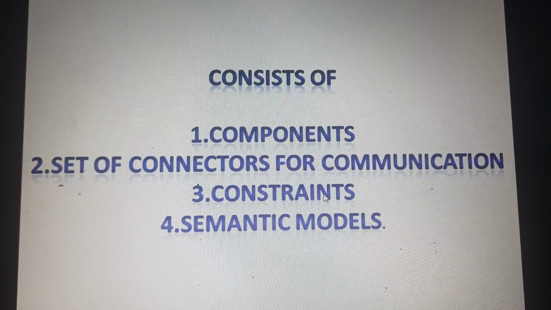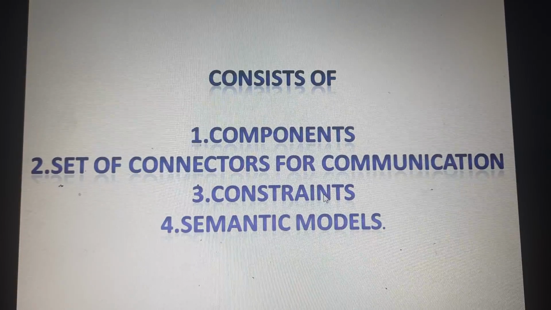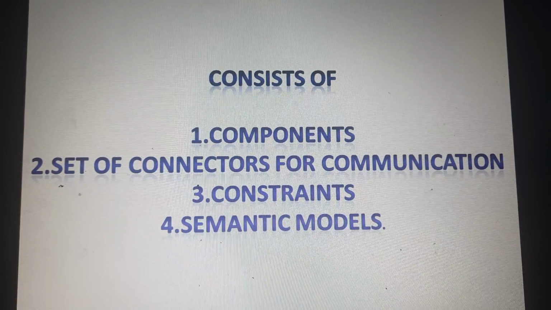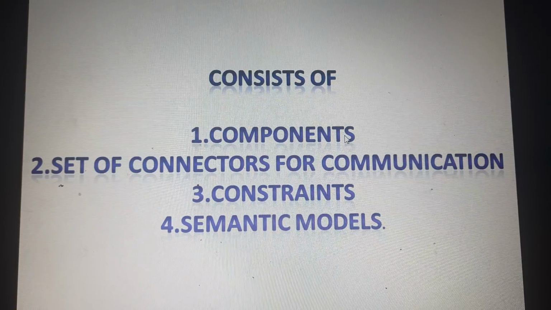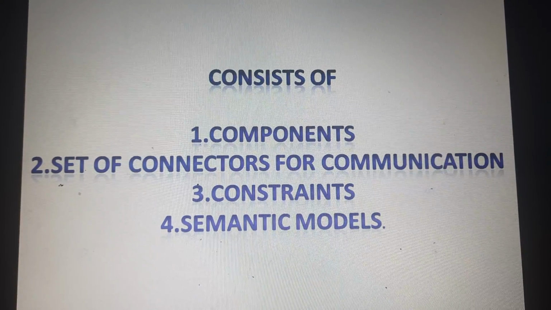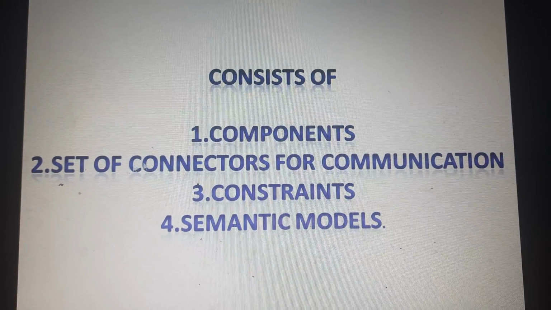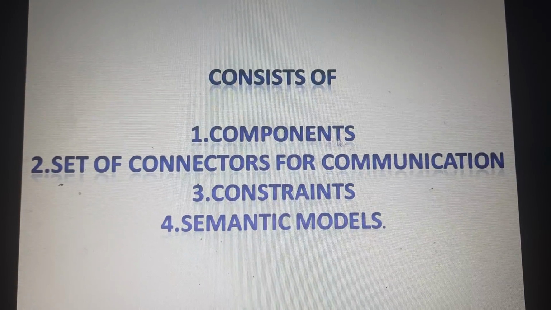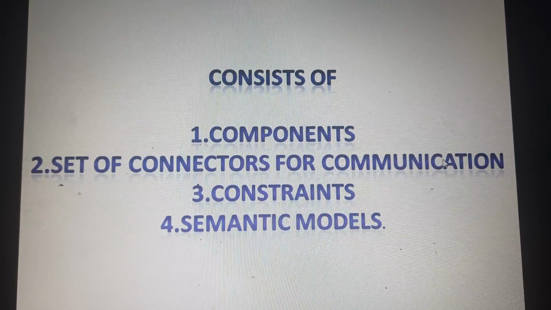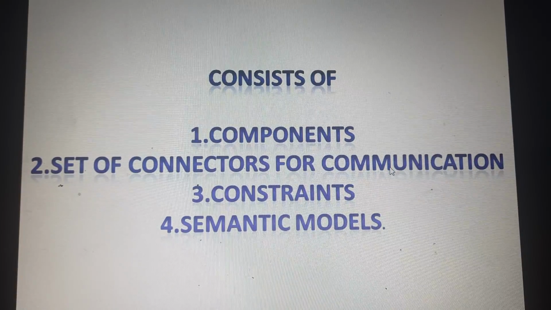Whatever connectors are there for communication, you require some devices. Constraint means what? Rules. The example here is the house. To build a house, what do you require? Components, for example bricks, sand, windows, doors. A set of connectors for communication means to make communication between the doors and the house, you require something.